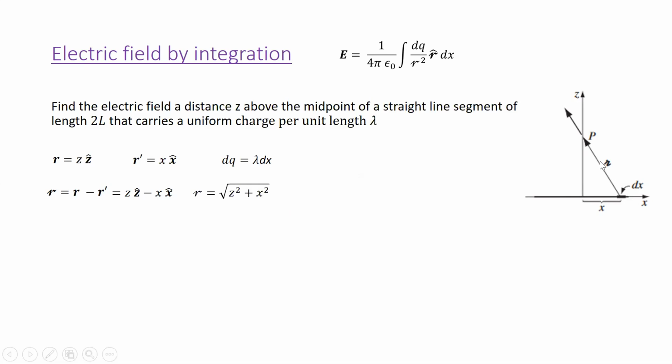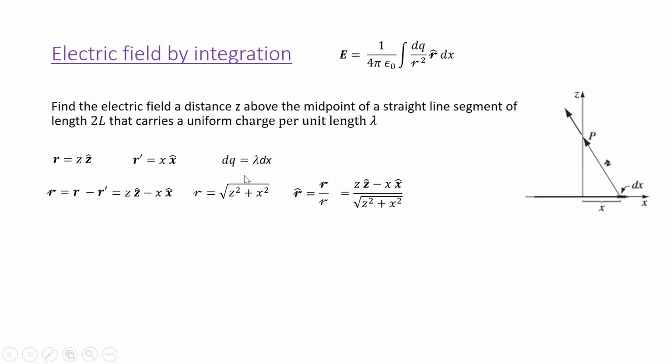And this distance, by the Pythagorean theorem, is going to be the square root of z squared plus x squared. And we can define a unit vector along this length: script r hat is equal to script r over the length r.